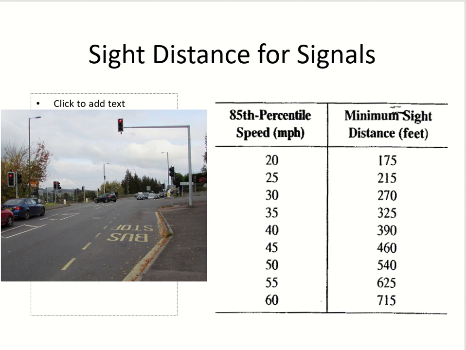So as the speed increases, the sight distance should increase. Drivers who are coming at high speed should be given more time to stop or decide. This was also one of the requirements for the traffic control device to be effective: giving them enough time. So more sight distance gives them enough time.